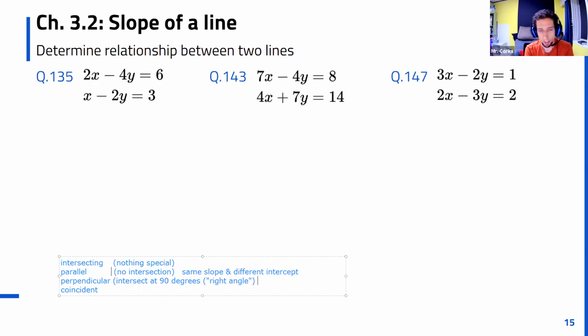All right, and how do we figure out if 2 lines are perpendicular? Using slope. One slope is the negative reciprocal of the other. Okay, negative reciprocal. That's a very fancy word. Tell me that in a different way.